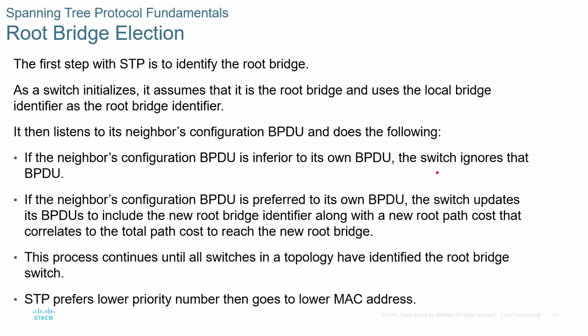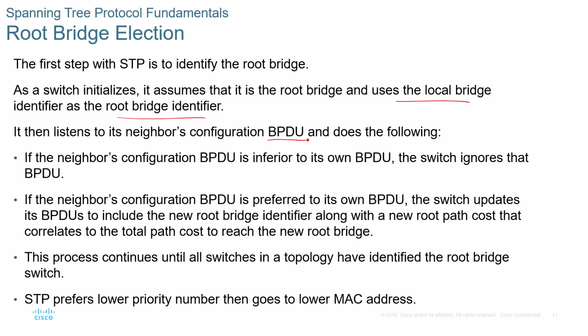First of all, the root bridge election. When all the switches get powered on, one has to be identified as the root bridge. At first, they all think they're the root bridge, and then they have to figure out which one is the actual root bridge. So there's an election. As the switch initializes, it will assume that it's the root bridge and use the local identifier as the root bridge identifier. It will then listen to the neighbor's BPDUs.